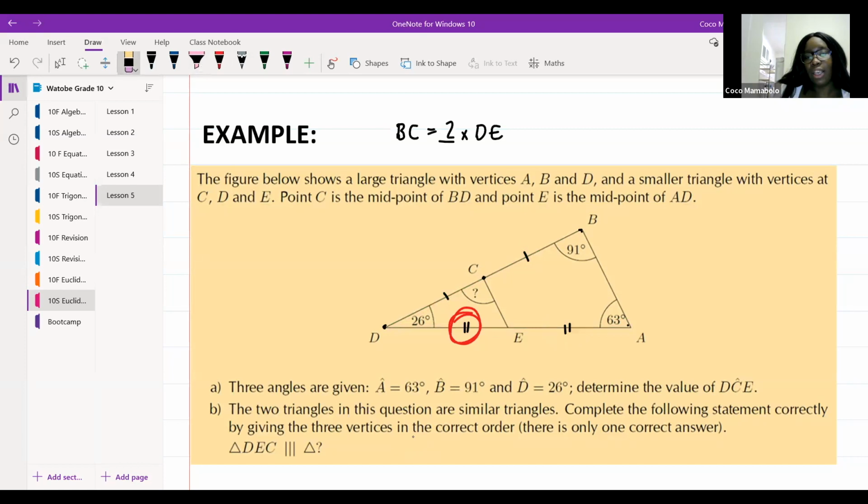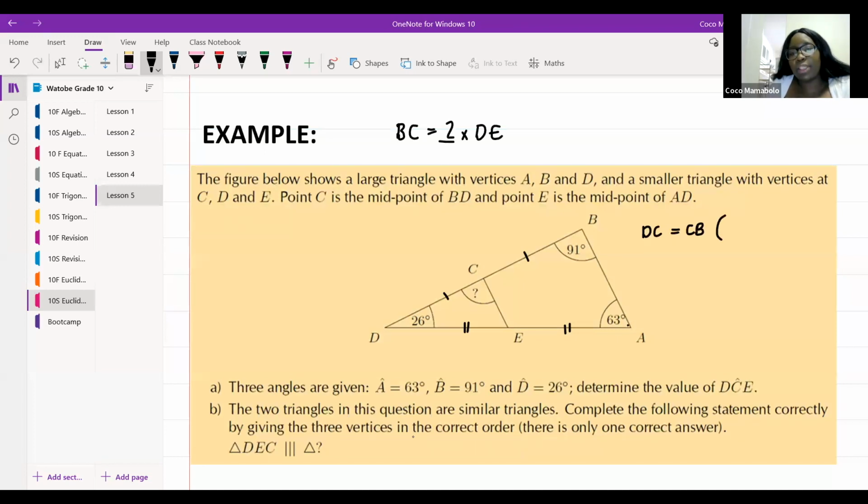All right. So now, before we can say that angle C is equal to whatever it is, because I know you guys can see it, it's quite obvious now that we know how to use the midpoint theorem, we actually have to put it into words. I'm going to then say DC is equal to CB.